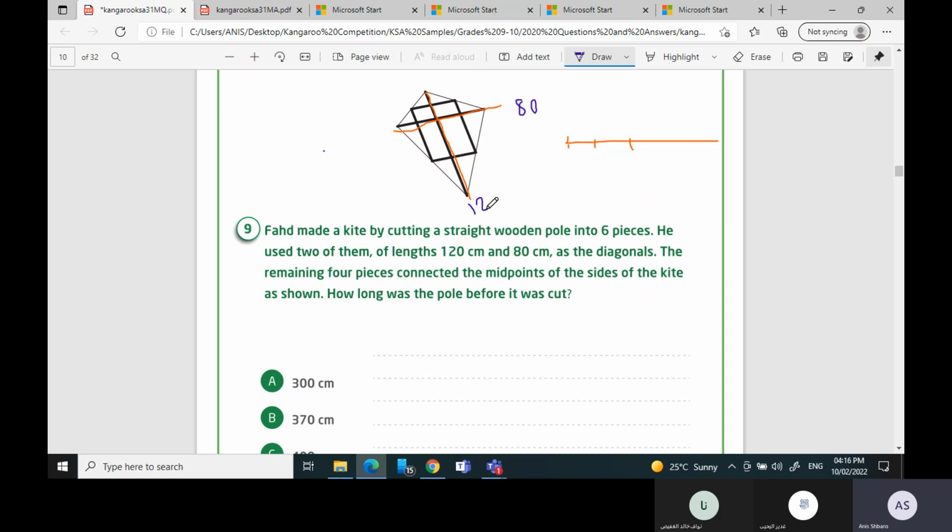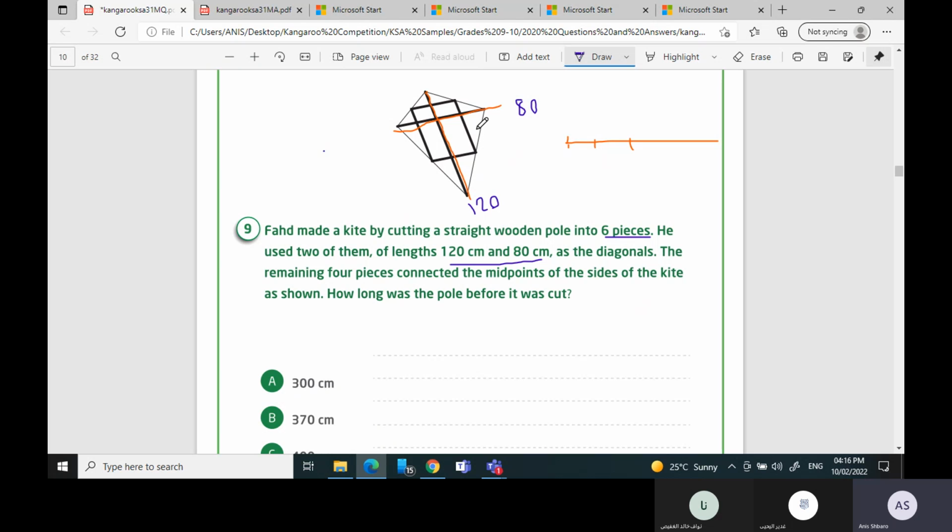We can get that from Fabricator. Okay. The remaining 4 pieces connected, of course, we have 6 pieces, so we took 2 as diagonals and left with 4. So the remaining 4 pieces connected the midpoints of the sides of the kite.